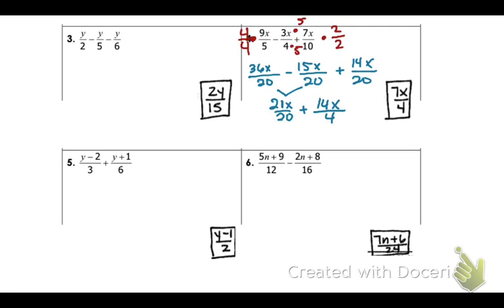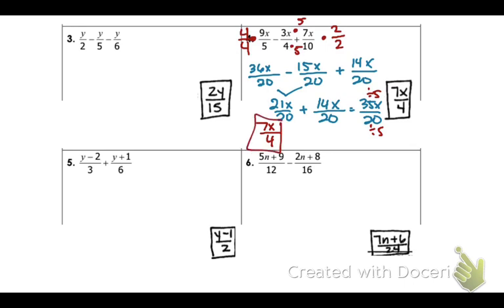So that's going to end up giving me 35x over 20. But that's still not 7x over 4, so I'm going to have to simplify. Okay, if I divide this by 5 and this by 5, I'm going to be left with 7x over 4, which is what I got.